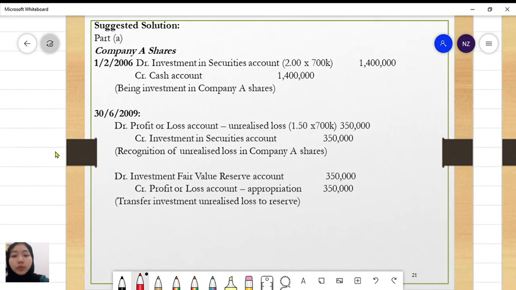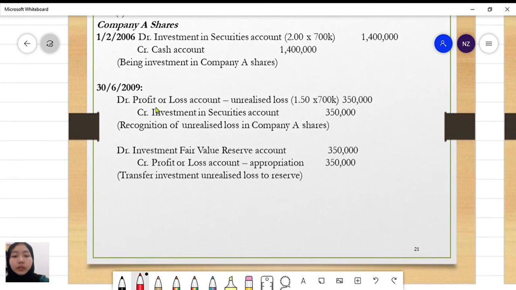So how do you calculate the loss? Take the new quoted share price times the quantity, 700,000 earlier. When multiplied, we get RM350,000. So this RM350,000 is the loss. When you get a loss, you deduct this loss from the investment in securities account.